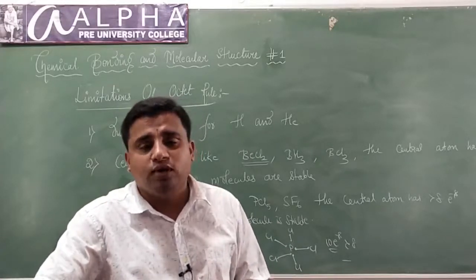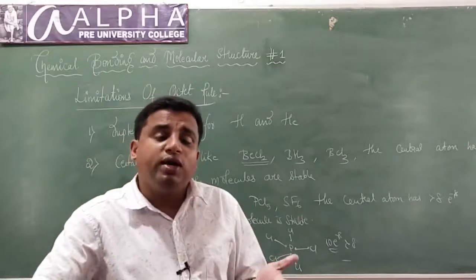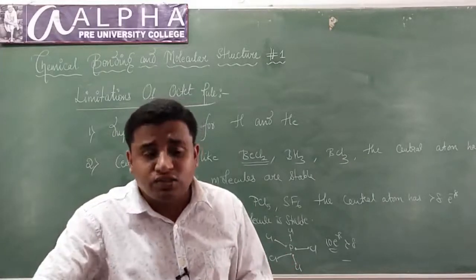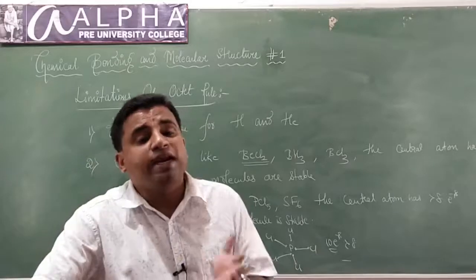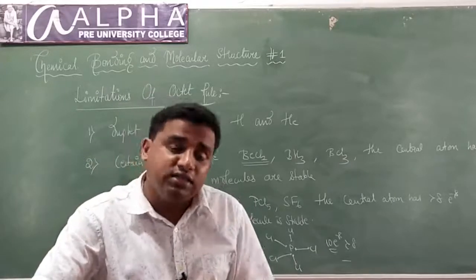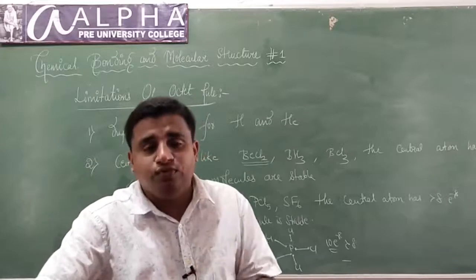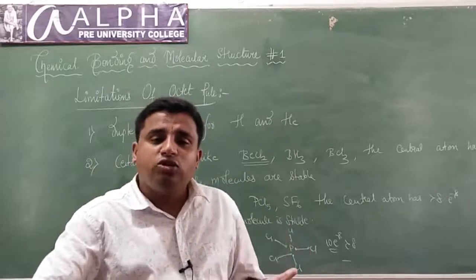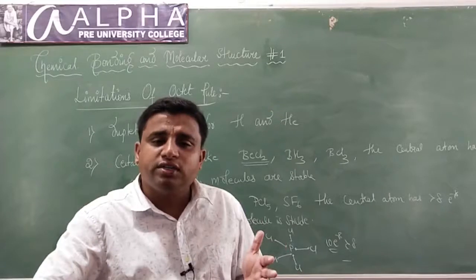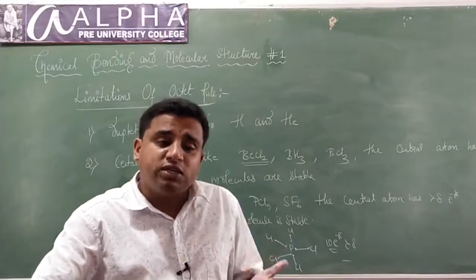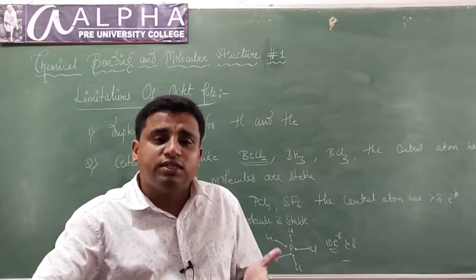They may have 2 electrons, a duplet structure, or more than 8 electrons, or less than 8 electrons. But still, all these molecules are stable. For example, in the hydrogen molecule, hydrogen does not have an octet structure. It has a duplet structure, but both hydrogen atoms in the molecule are stable.